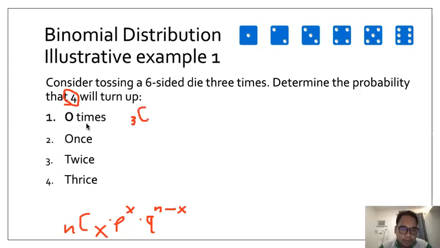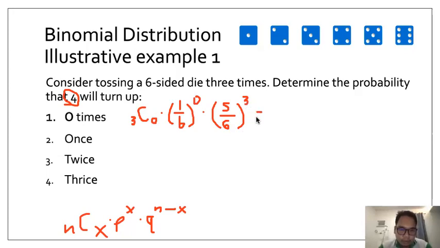So in 3 throws, we want to know the probability that there will be 0 fours that will occur. So we'll multiply that by 1/6, since that's the probability that a 4 will turn up. We raise that to 0 because that's what we want to know. We multiply that then by 5/6, and we raise that to 3 minus 0, so that's 3.